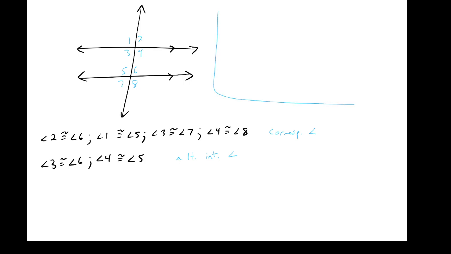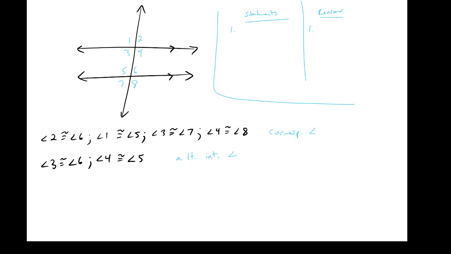Let's partition here and do a quick little two-column proof, statements and reasons. First of all, we are trying to demonstrate that 3 and 6 are congruent.